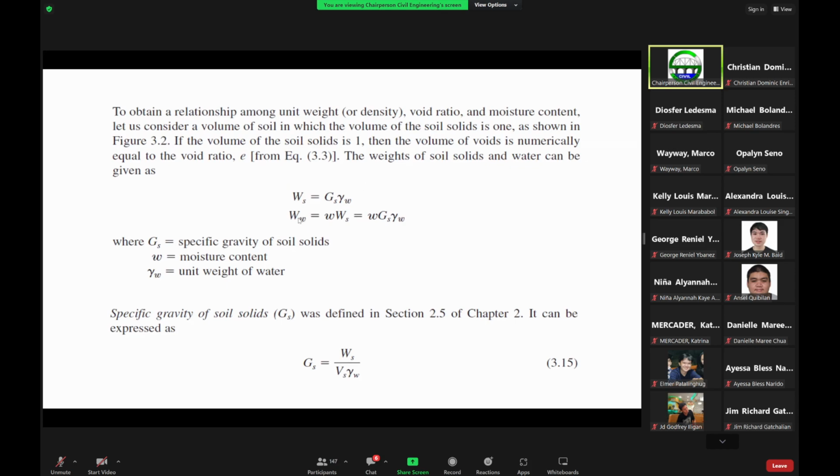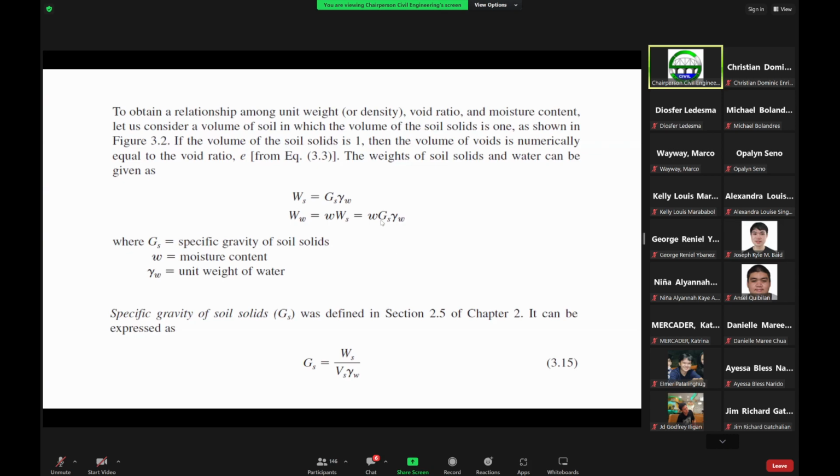And then the weight of water is now equal to the weight of the soil solids multiplied by the water content, because we know that the water content is equal to the weight of the water divided by the weight of the soil solids. Okay, by definition of water content or gravimetric water content.